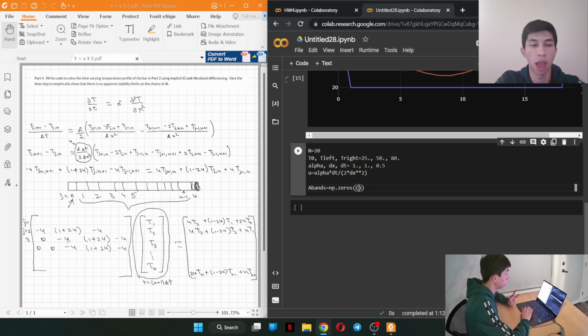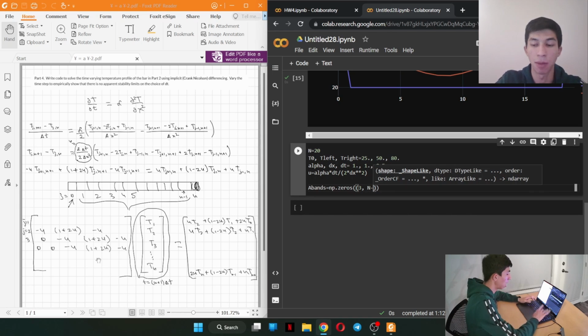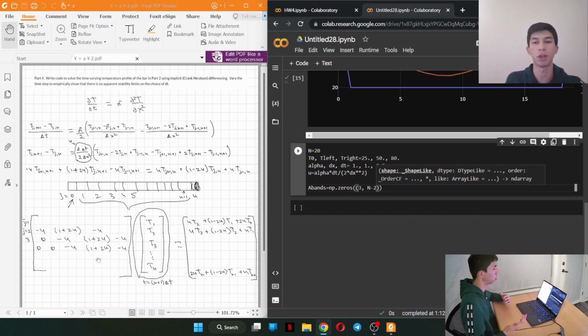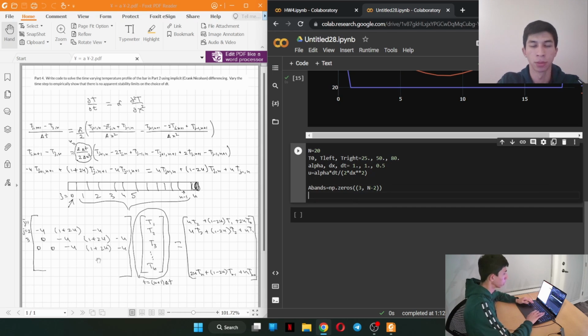I have 3 values in our diagonal that are repeating, right? So I'm going to have negative u, 1 plus 2u, and negative u again. Which means I need to use 3 rows, and the number of variables is going to be n minus 2, because we're not considering the left side and the right hand side of our bar.